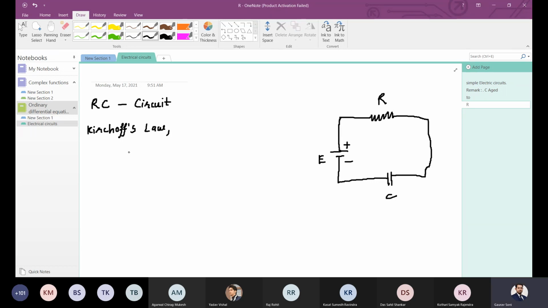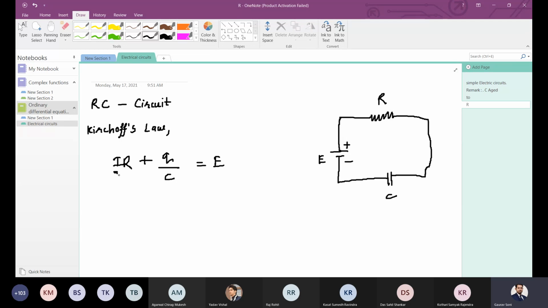What is the voltage drop across the resistor? IR. Plus the voltage drop across the capacitor, Q by C, and this has to be equal to the applied electromotive force E. Now my question is, how do you convert it?